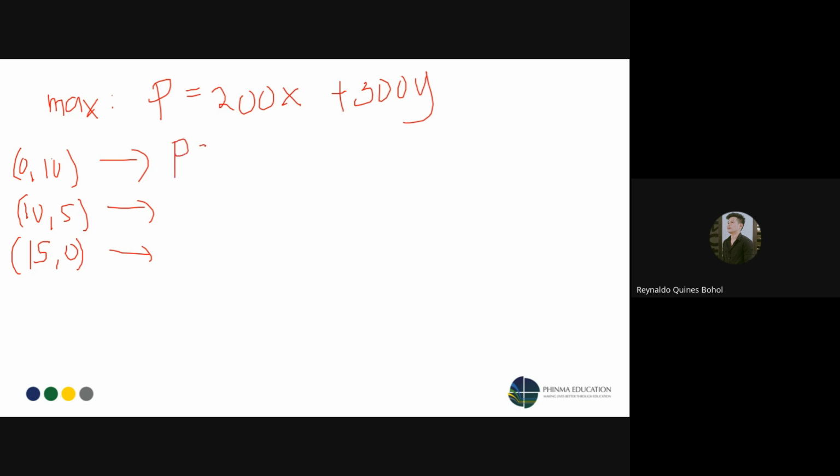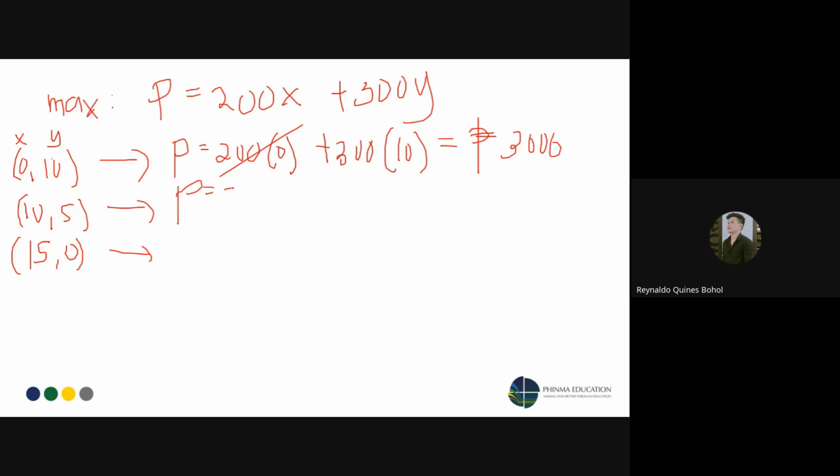So this is P is equivalent to 200 times 0 plus 300 times 10. Ito yung X natin, ito yung Y. So what is 200 times 0? Cancel na yan. Then plus 300 times 10. So since 10 lang yan, madali lang siya multiply. 3,000 yan.